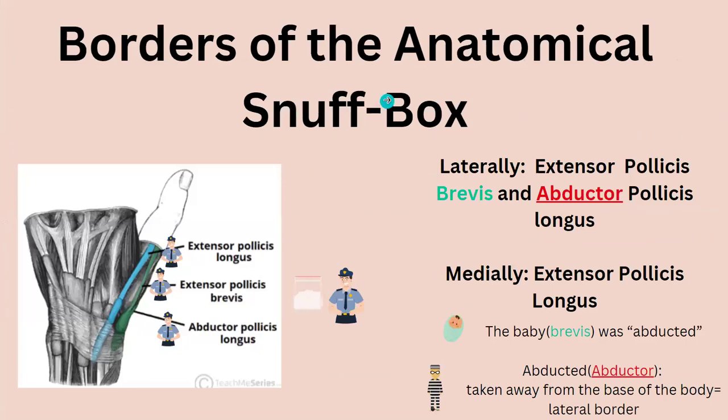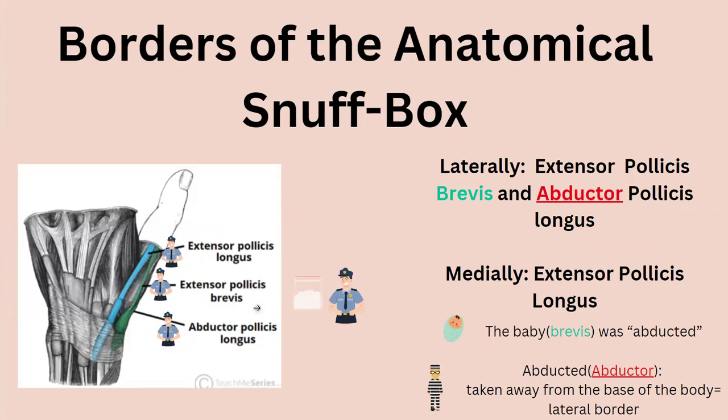Okay. So again, for the borders of the anatomical snuff box, we have three major muscles. We have the extensor pollicis longus, the extensor pollicis brevis, and the abductor pollicis longus. Now, laterally, the extensor pollicis brevis and the abductor pollicis longus define the lateral border, and the extensor pollicis longus defines the medial border.